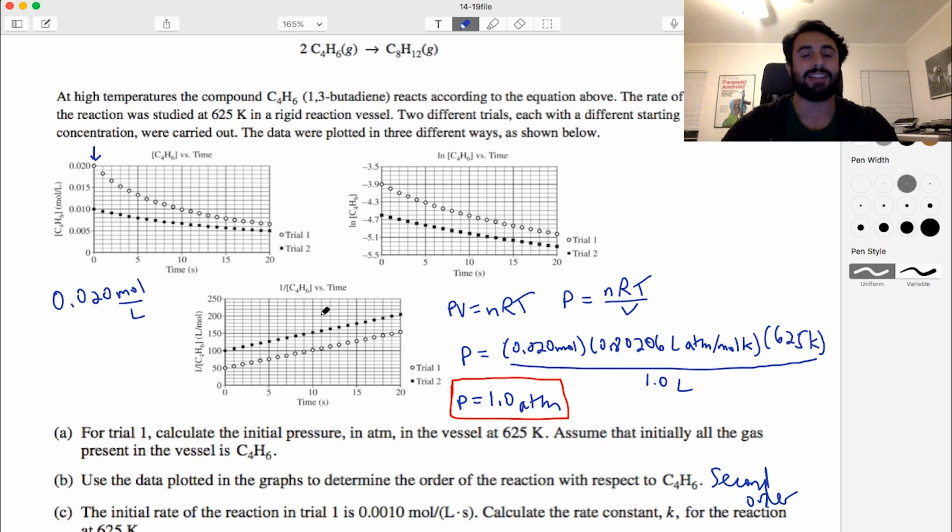We had to get experimental data to find out that it is second order overall, but now that we know that, we can easily say rate equals rate constant times C4H6 squared. So this 2 being the same as this 2 is sort of coincidental. I mean, not really, because this is one elementary step.